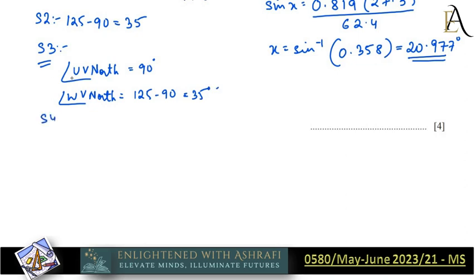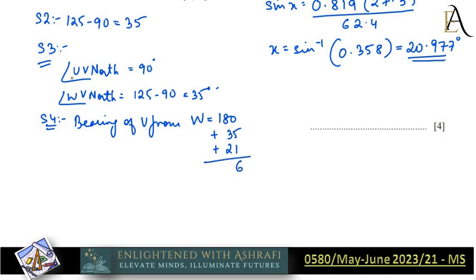So step 4, the complete bearing of U from W is 180 plus 35 plus 21, so it is 236.